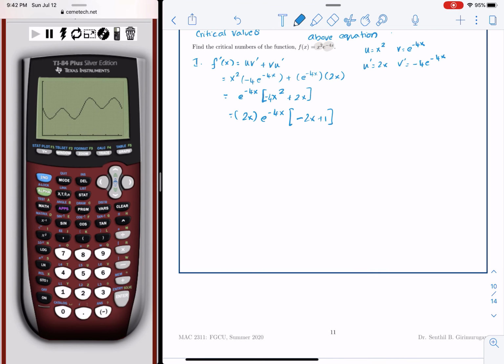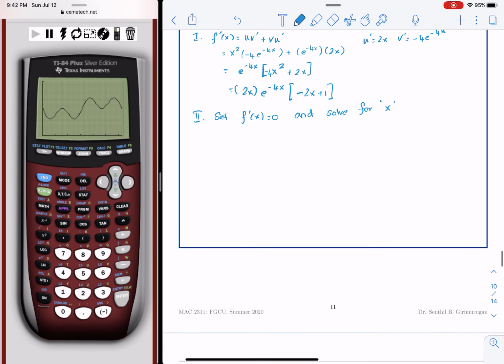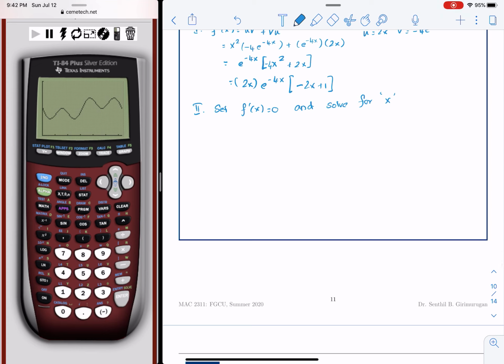Now we have to set the first derivative equal to 0 and solve for x. So 2x e raised to the negative 4x multiplied by negative 2x plus 1 equals 0.